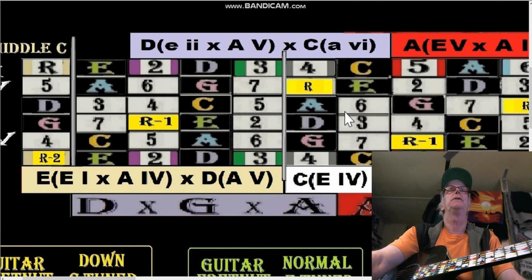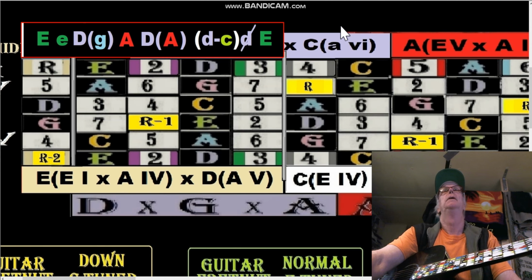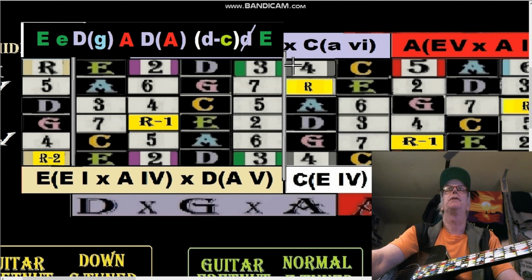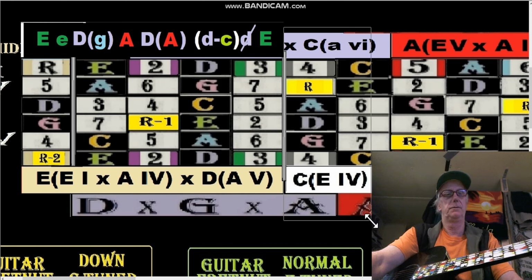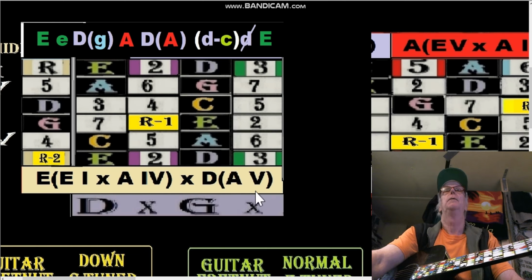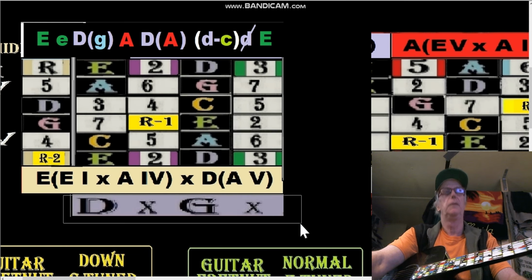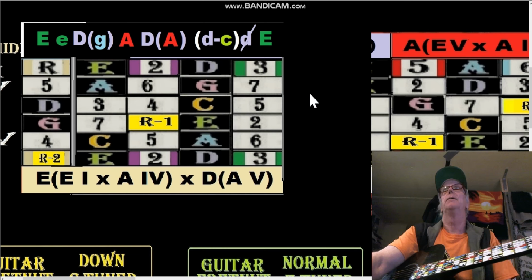So it's right here now. Okay, so we're going to put this right up here, so we don't confuse it with the D cage. Here's our cage. This other stuff we don't worry about, right? Okay, here we go.